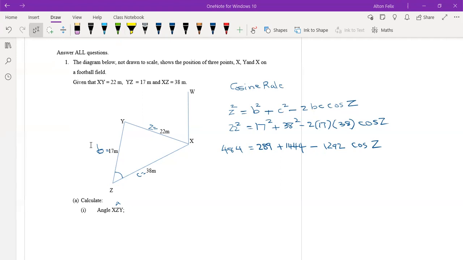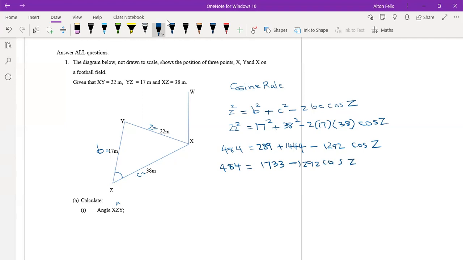Right, so that total there would be 1733. And our equation looks something like this now. So we have 484 will equal 1733 minus 1292 cosine Z.